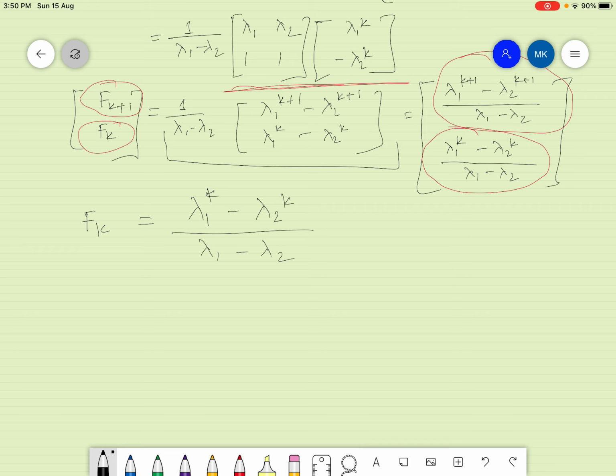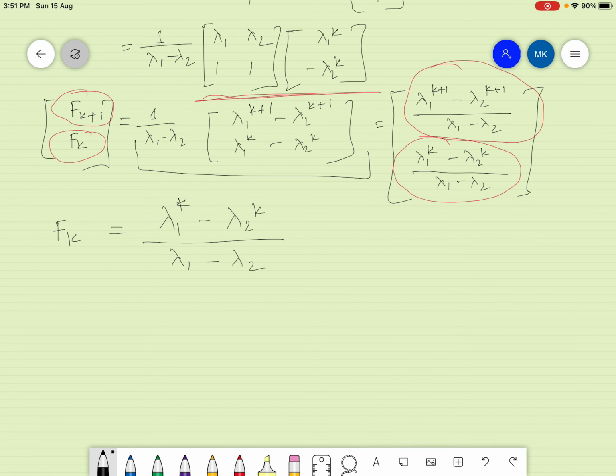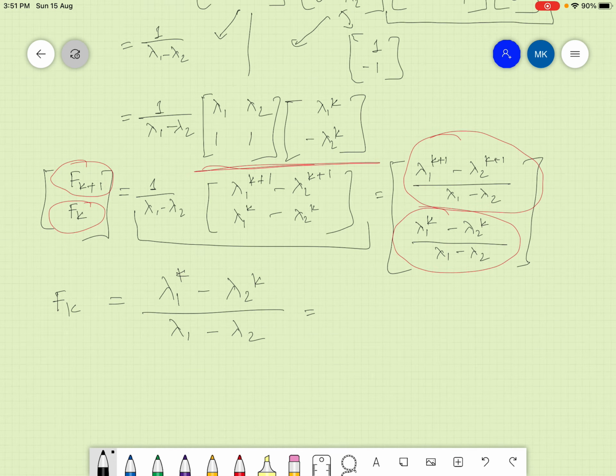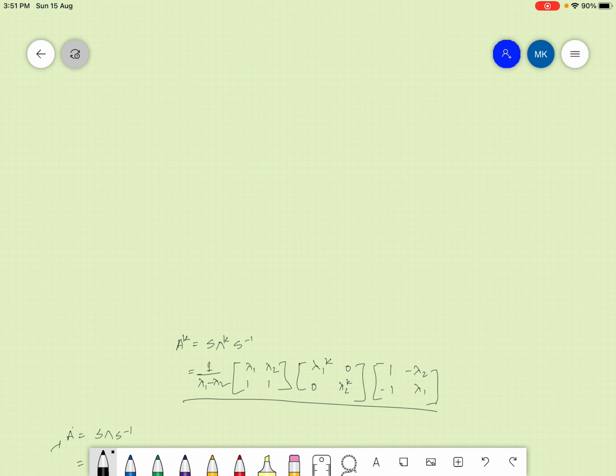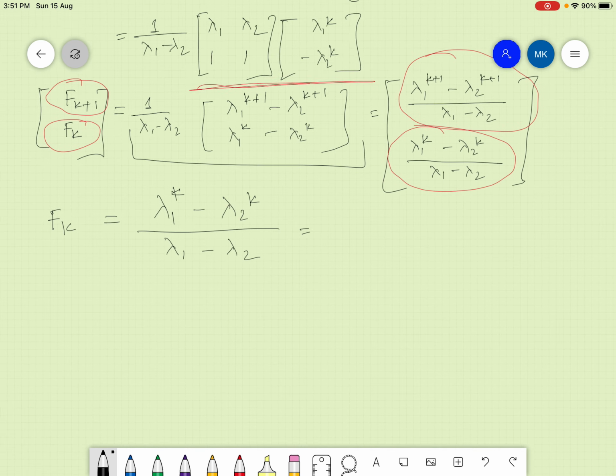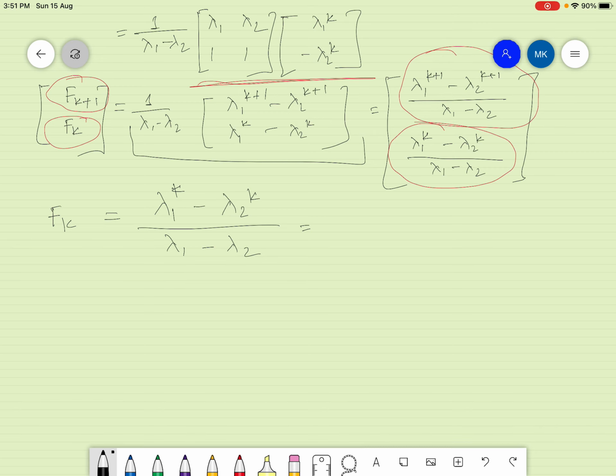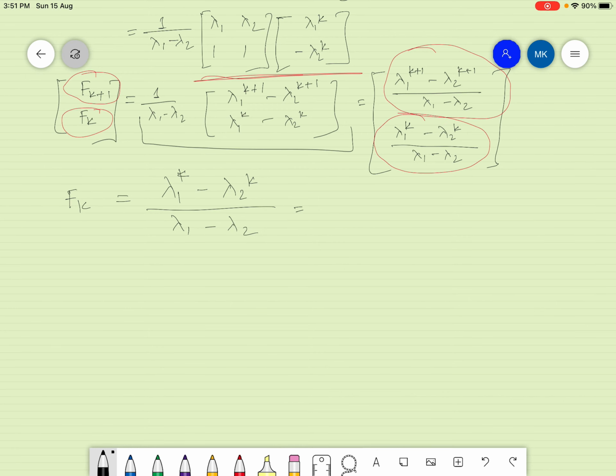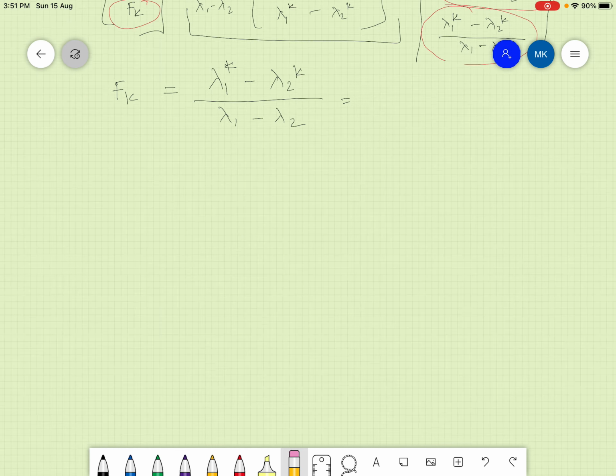So we have lambda 1 had the value of 1 plus root 5 divided by 2, if I'm not wrong. So it would have 1 plus root 5 divided by 2 to the power 100. Oh, sorry, we're trying to find out the 100th term, right?